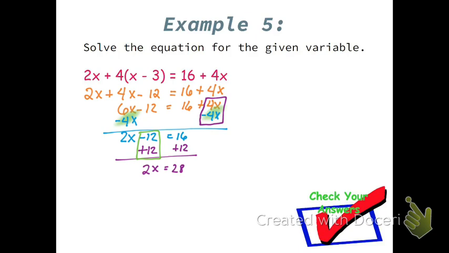And now we've got one last step where we are going to divide both sides by 2 to get x equals 14. Now, dividing both sides by the same value, we can do that by the division property of equality.